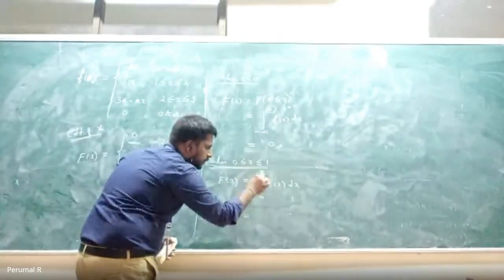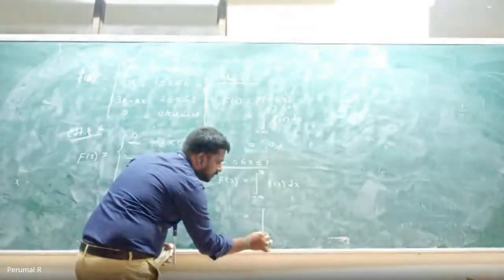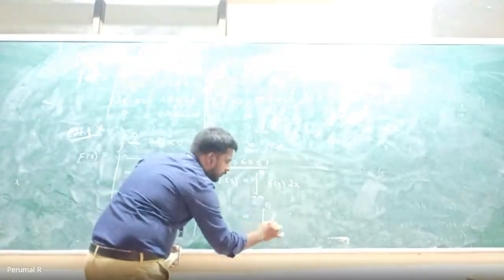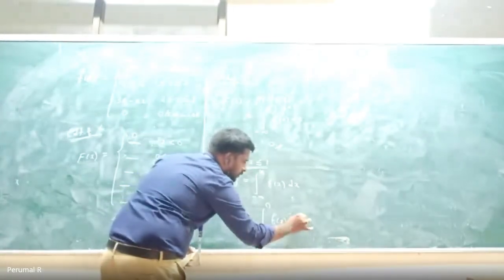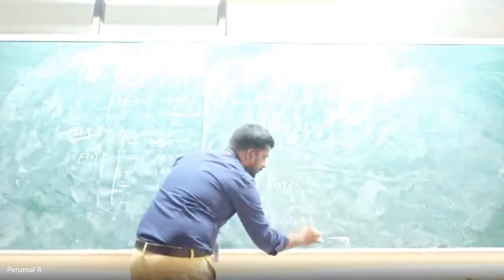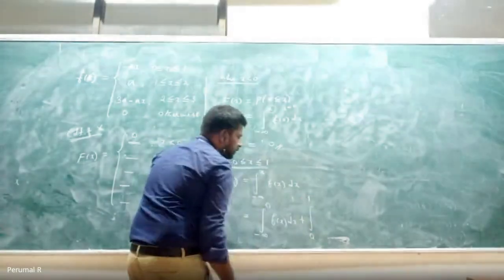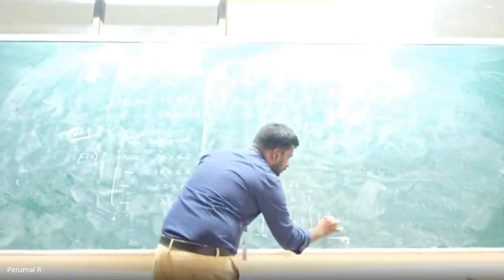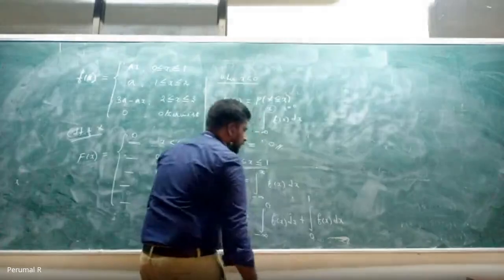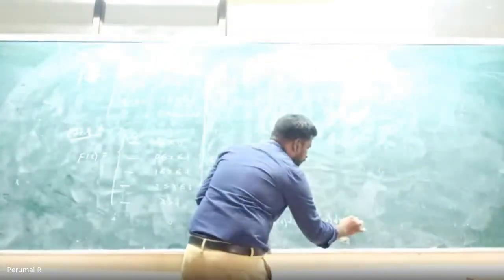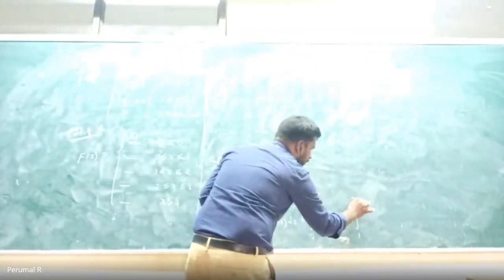0 to 1, how can you split? Minus infinity to 0 of f of x dx, plus 0 to 1 of f of x dx, plus 1 to x.